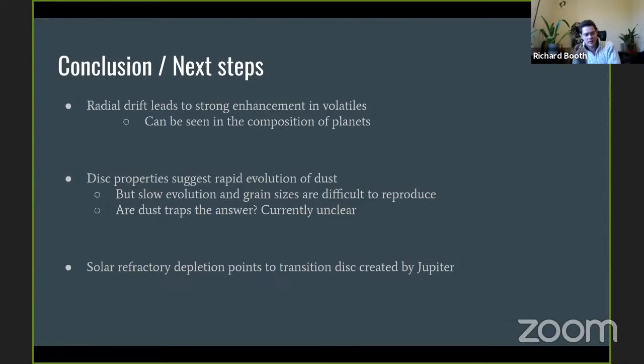So if we're thinking, as we do today, that a lot of planet formation is happening in the first 1 million years or so, it's probably fair that there's probably not too much evolution of very strong molecules like CO and N2.